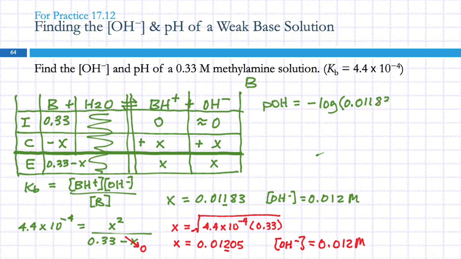Use the extra digits. 0.9469. pH is 14 minus that.